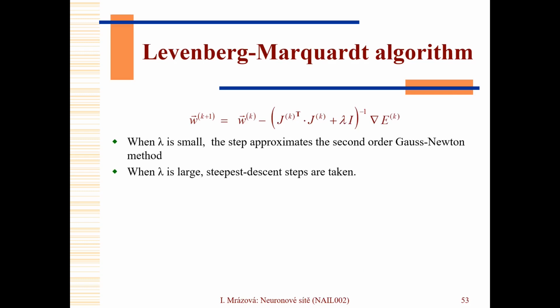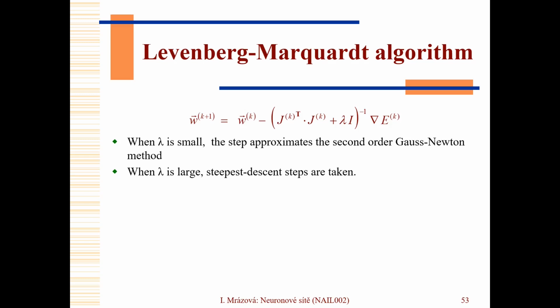Actually, the control of the role of the Gauss-Newton method and the steepest gradient descent can be chosen by means of setting the parameter lambda. In the weight adjustment rules, you see that the parameter lambda has to be chosen according to the character of the error function in the weight space.